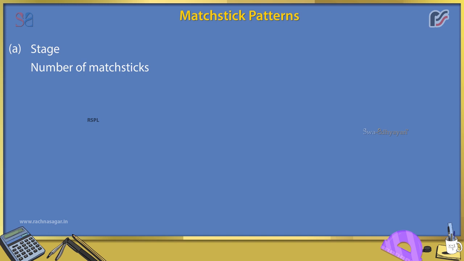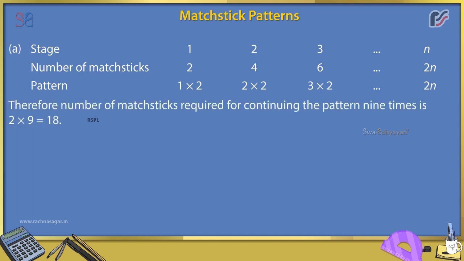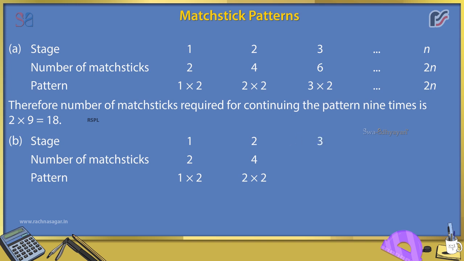A. Stage, number of matchsticks, pattern: 1, 2, 1 multiplied by 2; 2, 4, 2 multiplied by 2; 3, 6, 3 multiplied by 2; n, 2n, 2 multiplied by n.